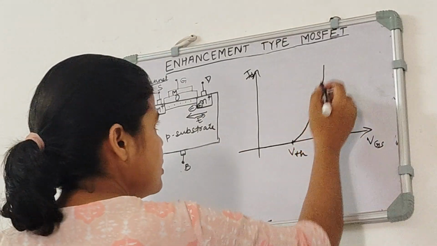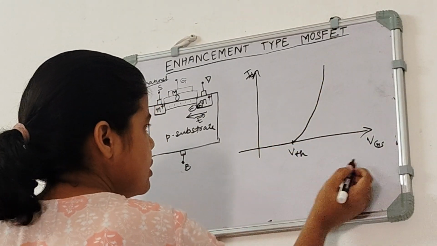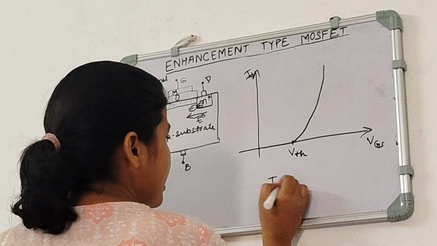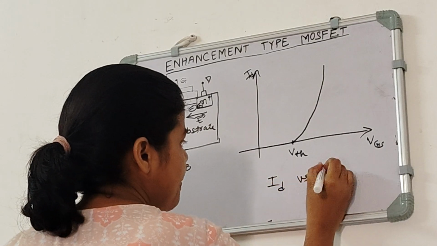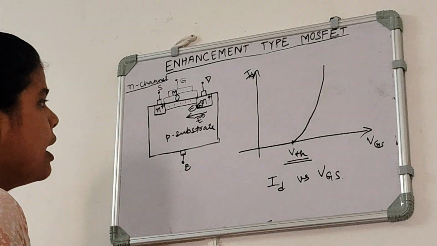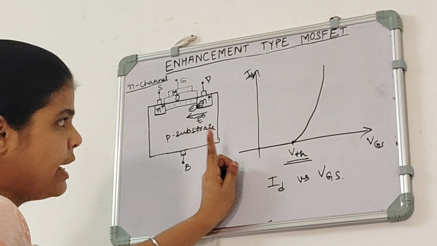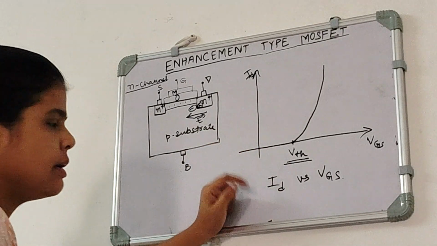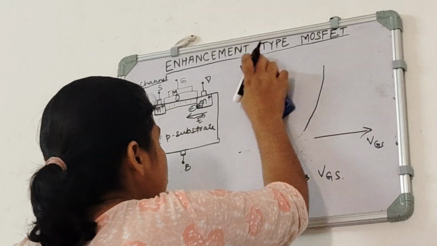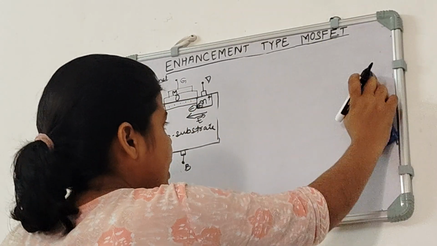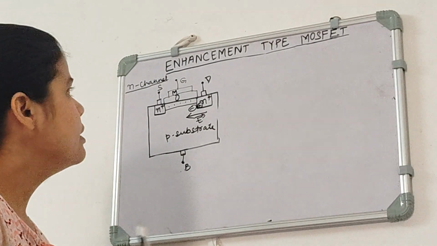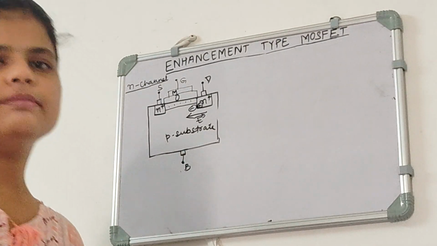So we will have this type of curve. So this is the curve of ID versus VGS. And this VTH is the threshold voltage before which ID is 0 and after which ID is increasing if we increase VGS. So that is it for today, and we will discuss after this in the next video.